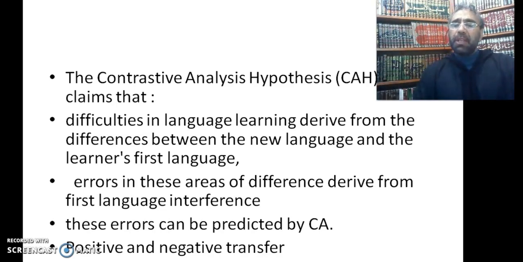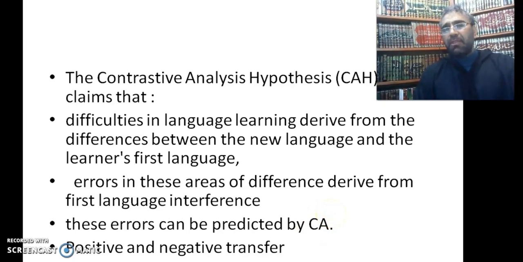So this French speaker will not be making errors in sentences like my name is Ahmed, because this is like his mother tongue. And so he will be transferring the rules from French into English, and because they happen to be the same in this aspect, mon nom est Ahmed, my name is Ahmed, it's not going to be a problem. It's going to be positive transfer, and that will help, will enhance, will speed up the learning process.